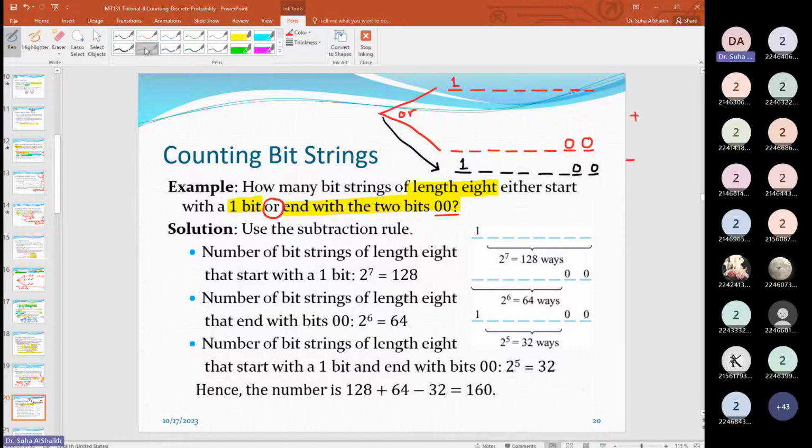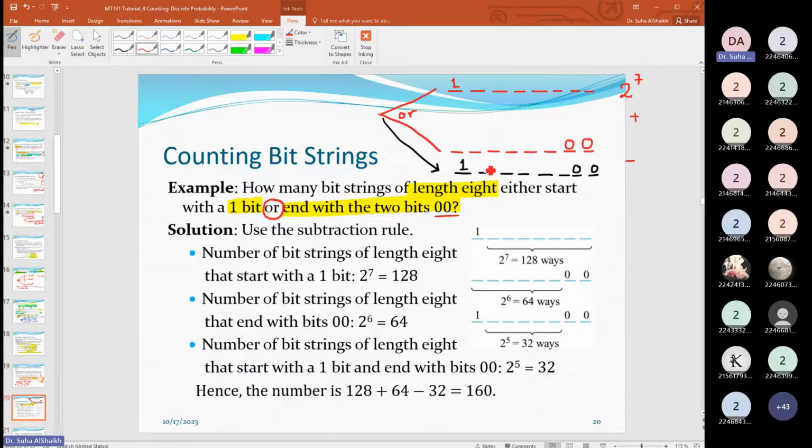Now, how many options do we have for the first case, starting with 1? Who can tell me? The first case, when starting with 1, I have 8 places, one of them is reserved. So what remains? 2 to the power 7. Excellent. The second case is ending with 0 0.